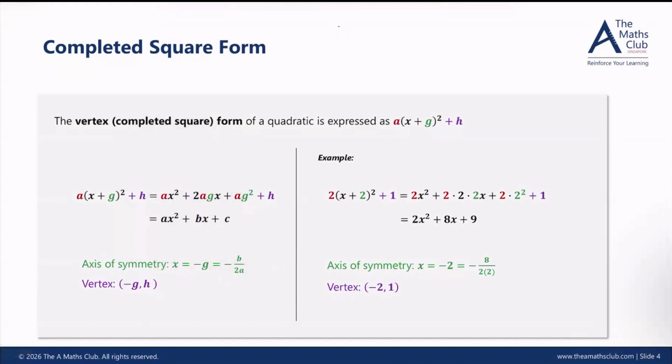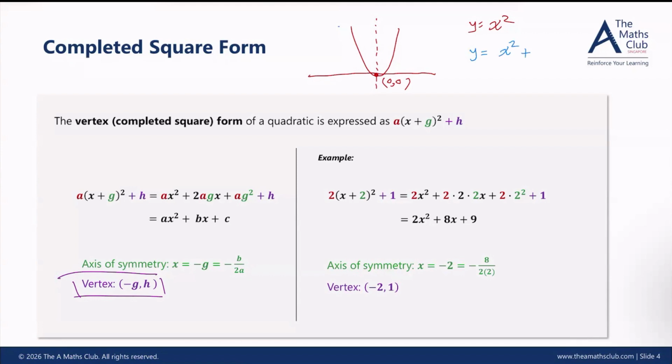Lastly, we shall take a look at why the vertex is minus g, h. So let's go back to the simple example of y equals x squared. We have previously established that the vertex of y equals x squared occurs at 0, 0. So what happens when you increase the adjustment by 1?